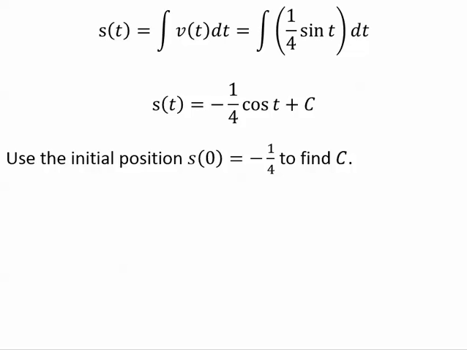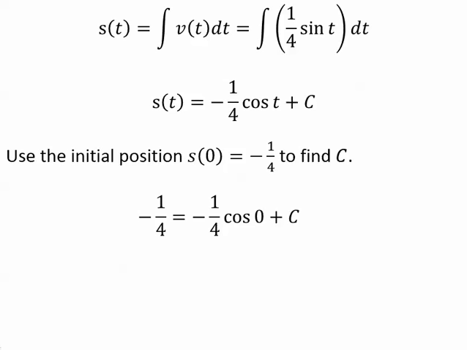We're going to use the initial position, s of 0 equals -1/4, in order to find c. Well, if t equals 0, then my position function must equal -1/4. Remember that cosine of 0 equals 1, and so I have -1/4 equals -1/4 plus c, and that tells me that c has to be 0. So my position function is -1/4 cosine t.